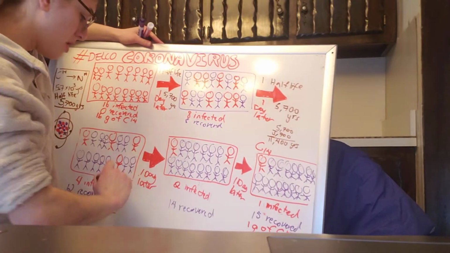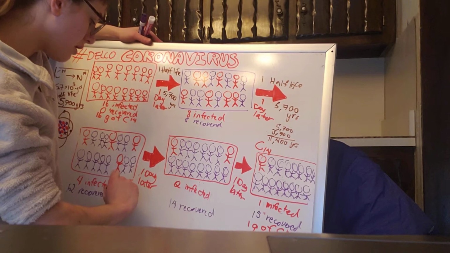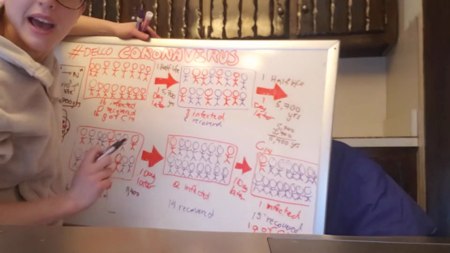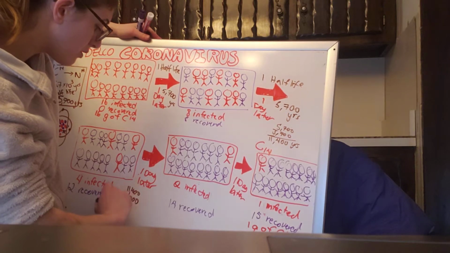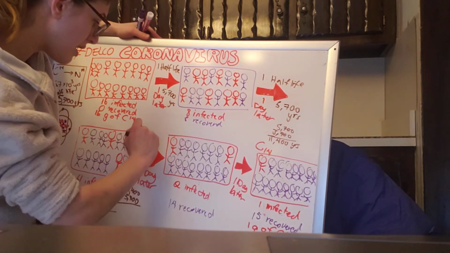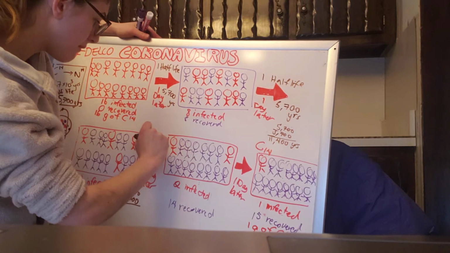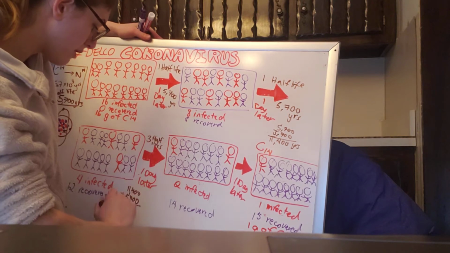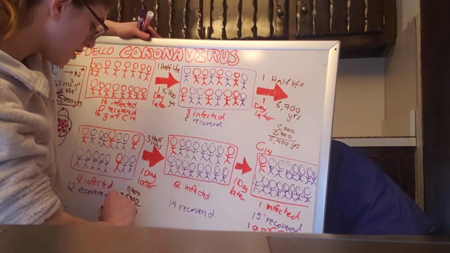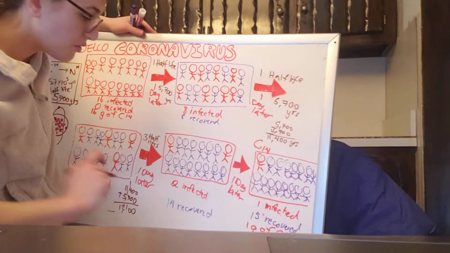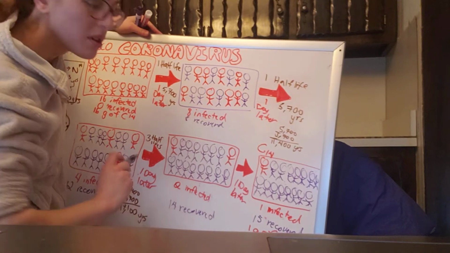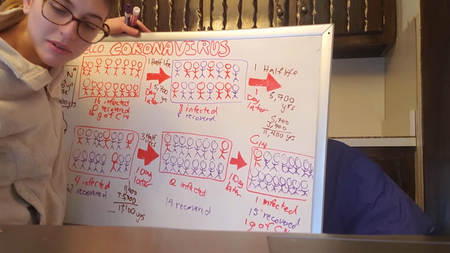3 half-lives. I'm going to take the 11,400 years that I had and add another 5,700 to figure out how many years 3 half-lives are worth. I get 17,100 years. Now that's starting to be a long time.